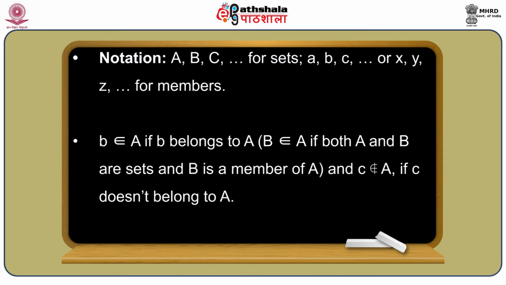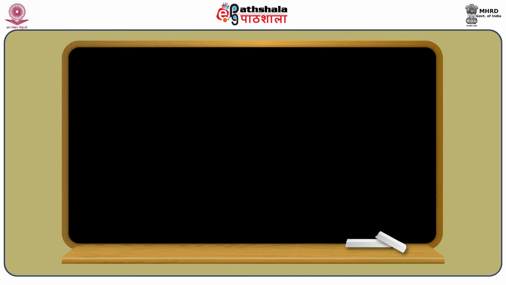Or we might say uppercase B belongs to uppercase A if both A and B are sets and B is a member of A. Remember, sets can be members of other sets. We also say c ∉ A, with a slash through the epsilon, if c does not belong to A. A variant of the Greek letter phi is used to indicate the empty set.